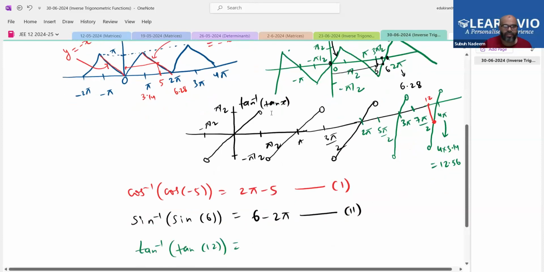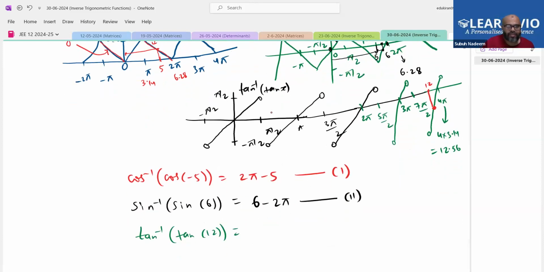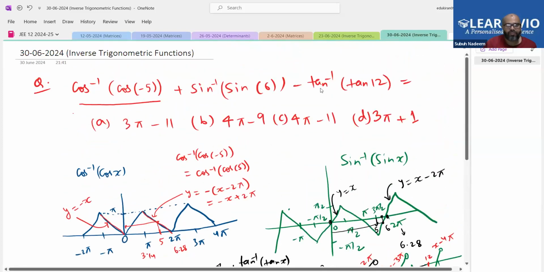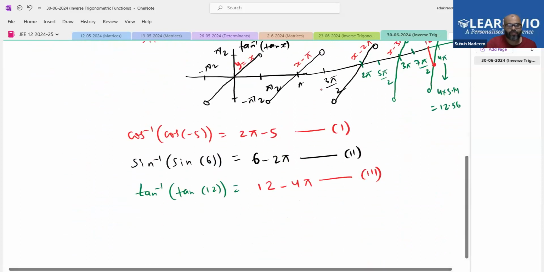So at 12, what is happening? That this line, which is y is equal to x, translates to x minus pi, then x minus 2 pi, then x minus 3 pi, then x minus 4 pi. So this line is x minus 4 pi. And x is 12. So this will be 12 minus 4 pi. Now what we have to do, we have to add first two and subtract the last one.